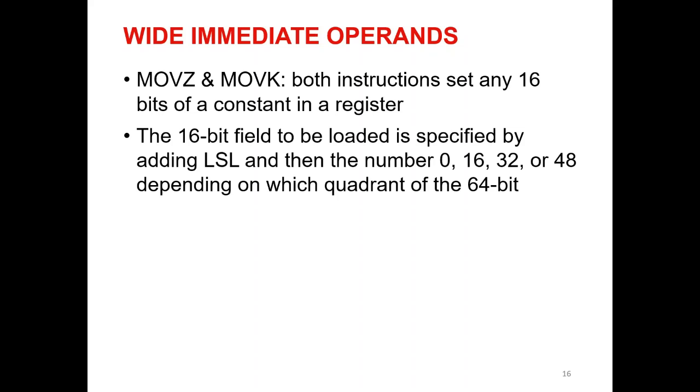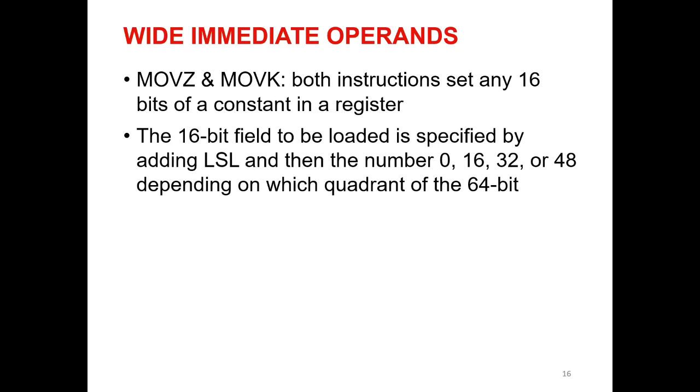In order to indicate which 16-bit subset of the register we want to modify, we have to specify it. You remember the LSL, the logical shift left instruction. We need to specify this, and if we say 0, this means that we are going to modify the first 16 bits.